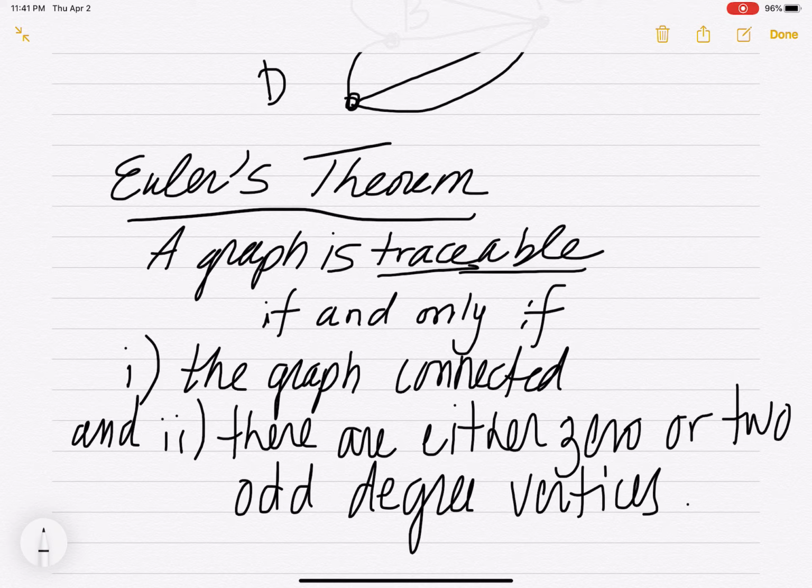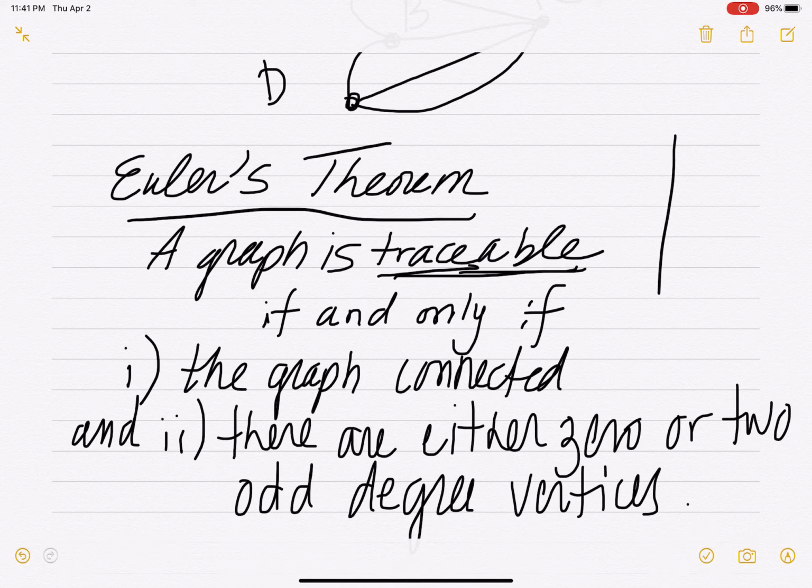So a graph is traceable, first of all, if it's connected, and there are either 0 or 2 odd degree vertices.